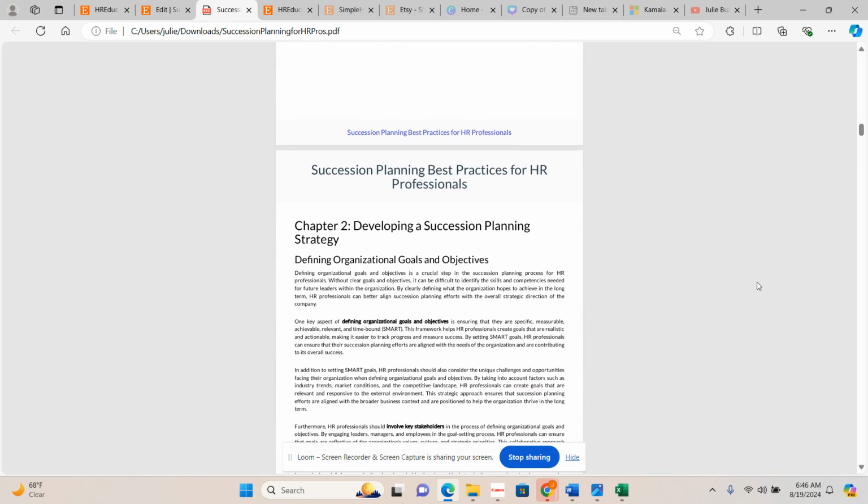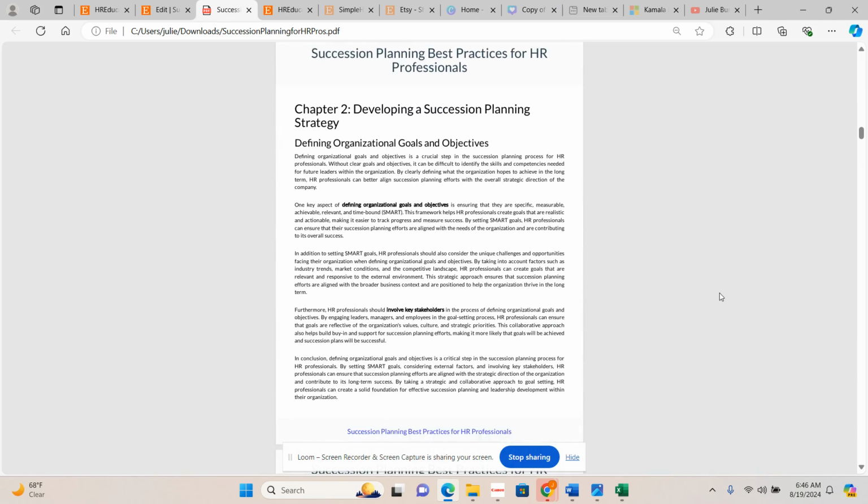So once you get to chapter 2, this is where you're going to be developing your strategy, okay? And I've highlighted, personally, it's a PDF within this ebook, some of the most important ideas. So as you read through this, pay attention to what I have highlighted. One key aspect: defining organizational goals and objectives. Yes.